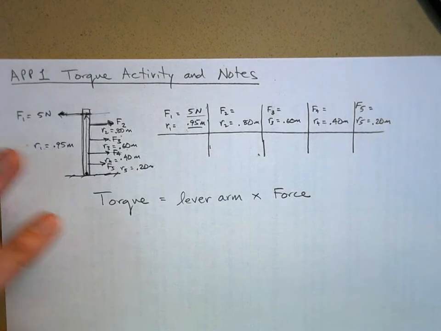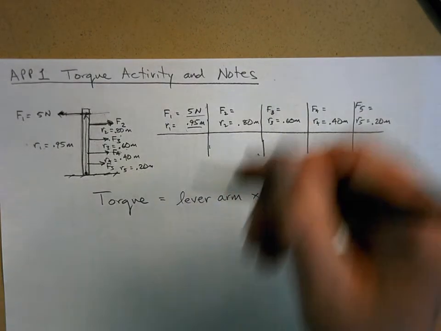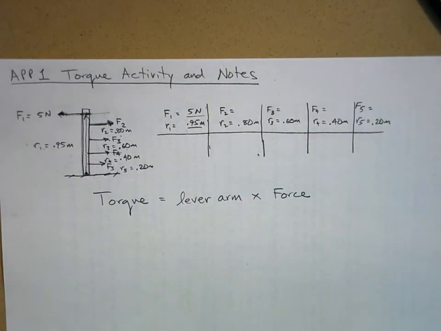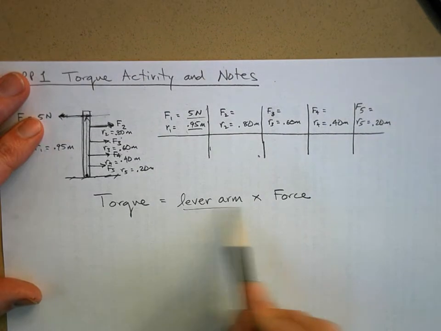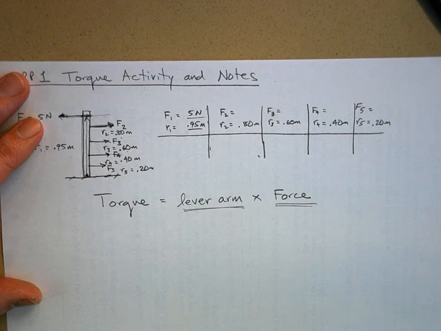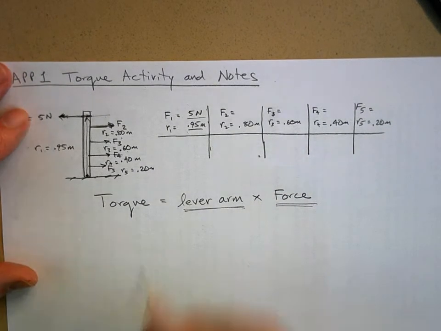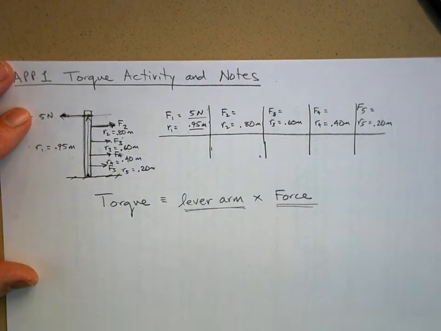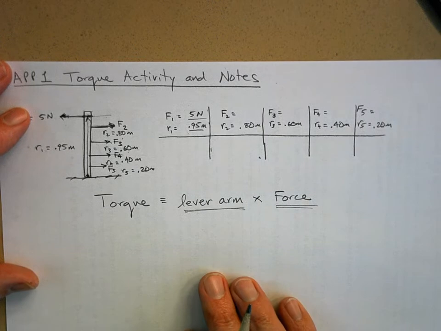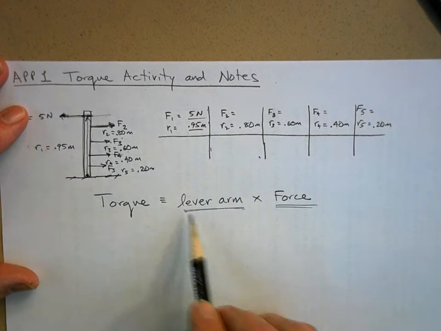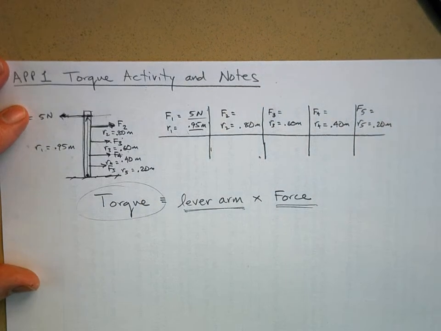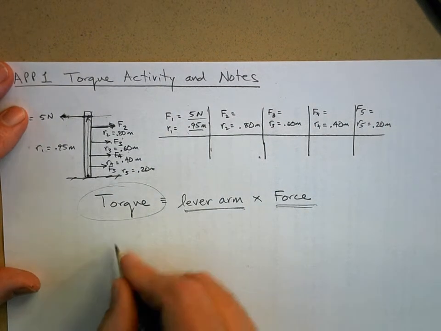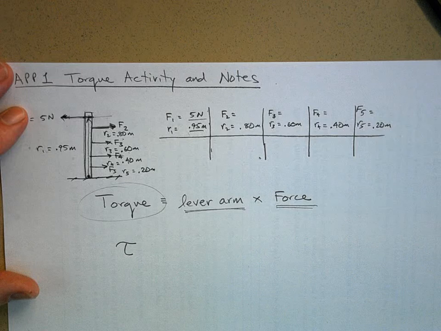Now I like to put it as R times F, and there's a reason for that that you'll get later on. But what is lever arm, and this is force? This is how we define torque by definition. Okay, well, we're going to get a little fancier than this in a minute. But torque is equal. Now we have a variable that we use for torque, and it's tau.